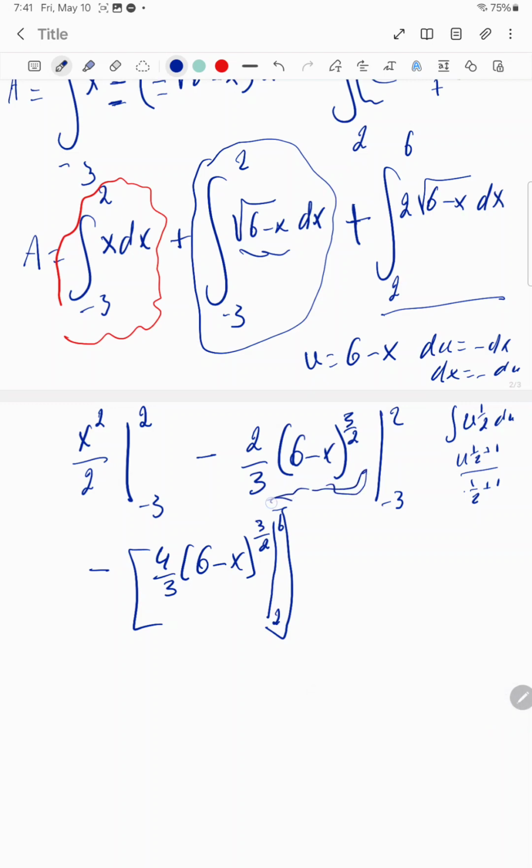This is how I got this function here, and the same thing for the other one. So if you do all the calculation, you will have the answer.